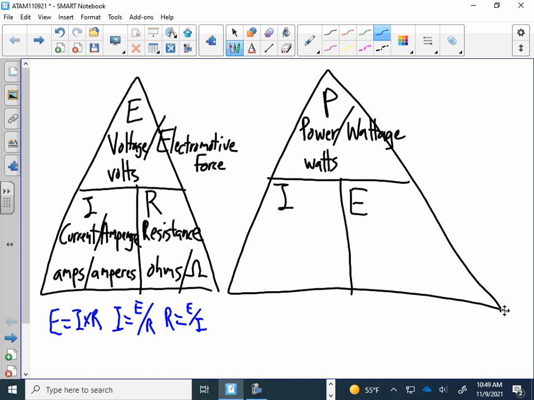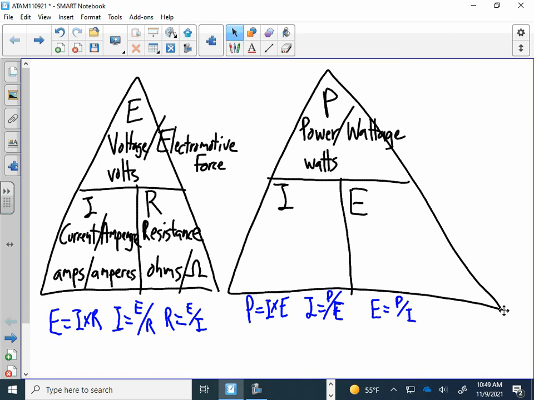For power, it works the same way. If I cover up power, I'm left with I and E right next to each other, so multiplying. If I cover up the E, I'm left with P over E, so P divided by E. And if I cover up the I, I'm left with P over I, so P divided by I. All right, so I start with that because they're not going to give you that on the test.